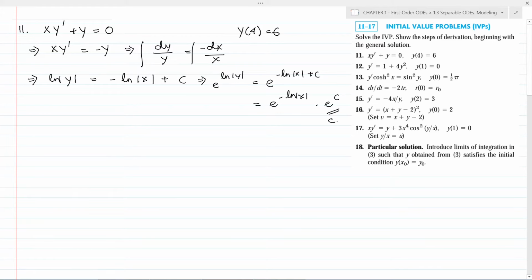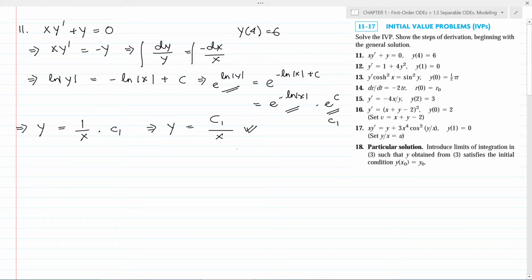This we can write as another constant c1, and the whole expression can be simplified to y, because e to the power ln y is equal to y, is equal to e to the power -ln x, which is 1/x, so 1/x multiplied by c1, or this implies y is equal to any constant c1 divided by x. This is the general solution of the differential equation.